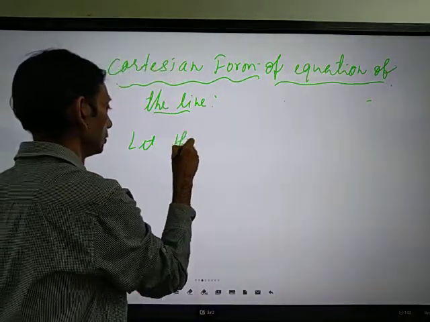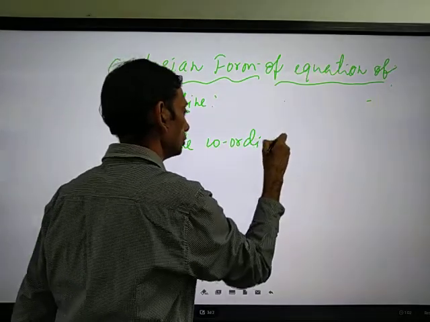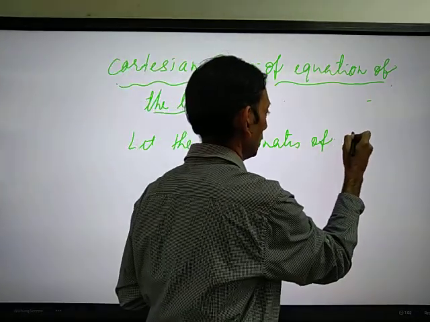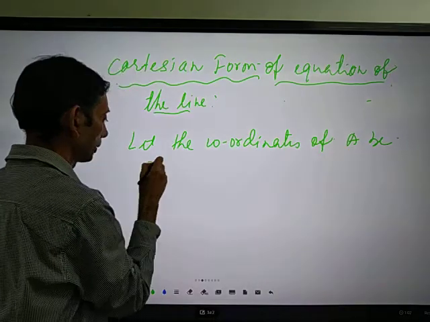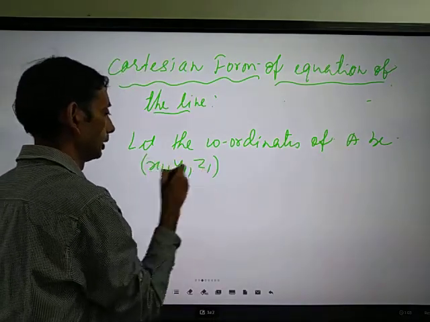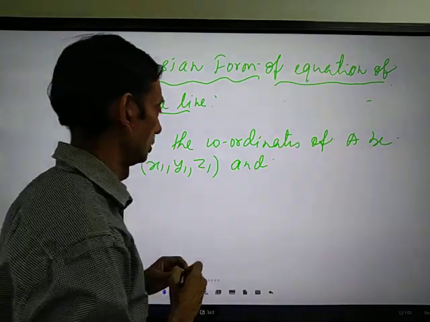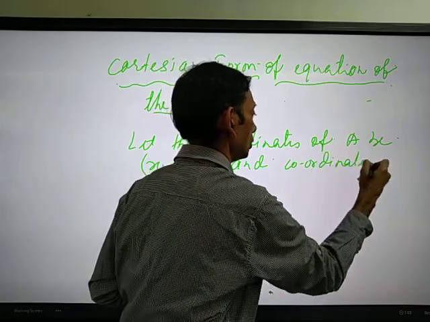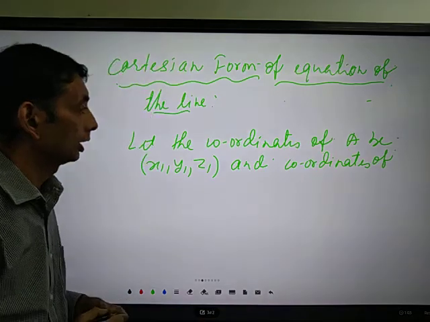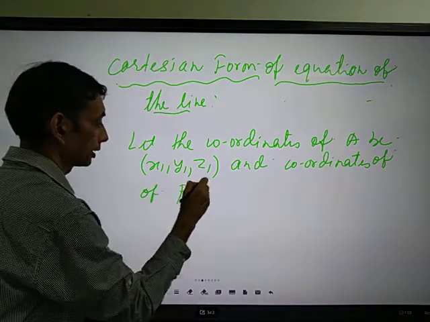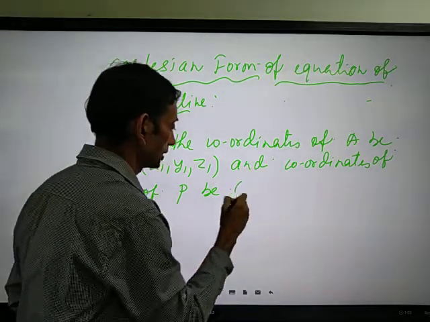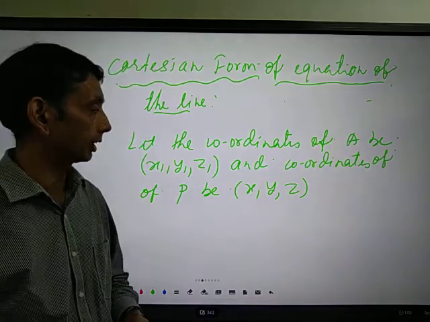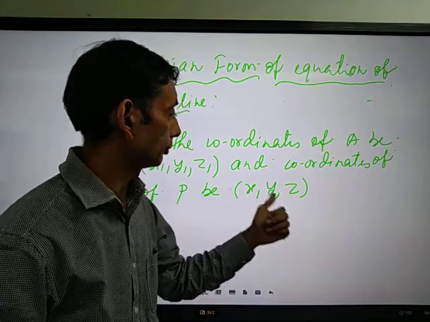Let the coordinates of the fixed point A be x1, y1, z1, and the coordinates of P, the arbitrary point, be x, y, z. Generally the coordinates of an arbitrary point we just take as x, y, z.